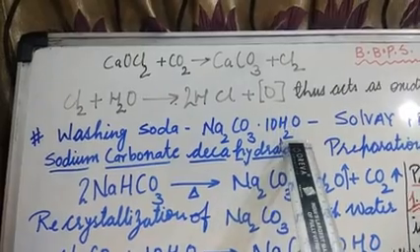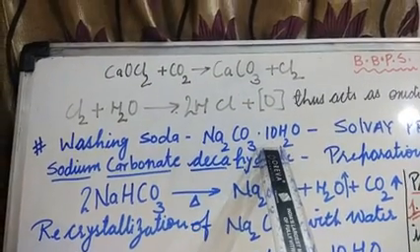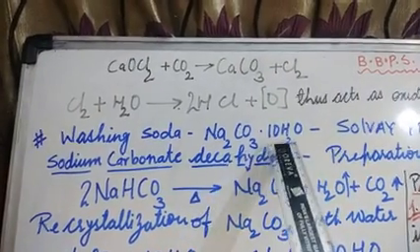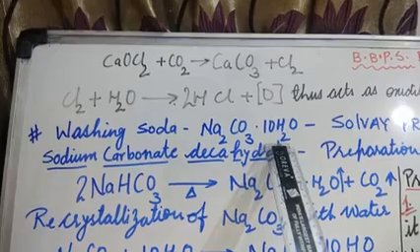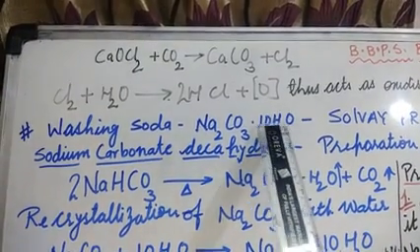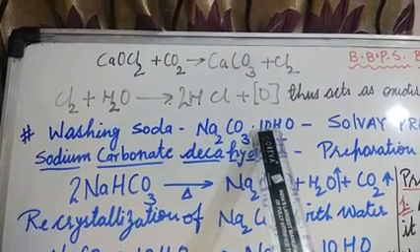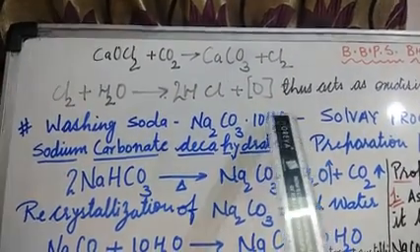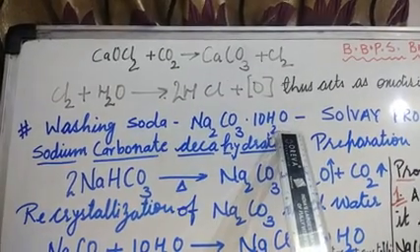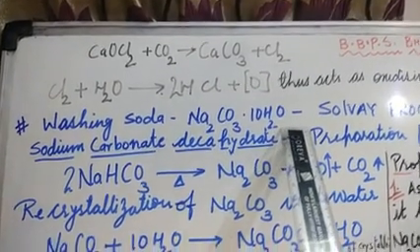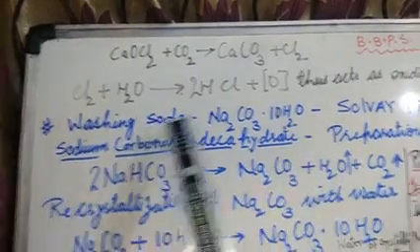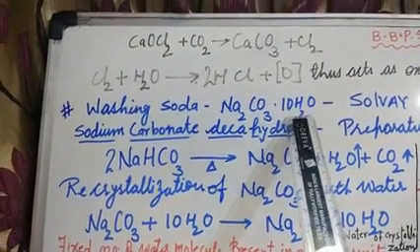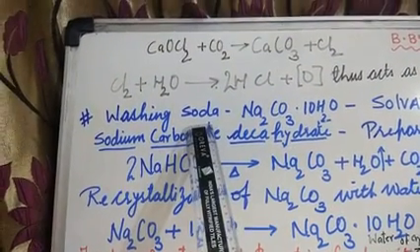In the 9th class also, while calculating molecular masses of salts or compounds, we took this type of species also, where H2O is written after a dot. This type of H2O, if present, is called water of crystallization. So, how many waters of crystallization are present in washing soda? 10.